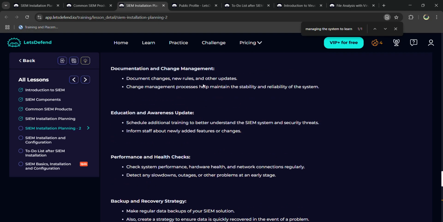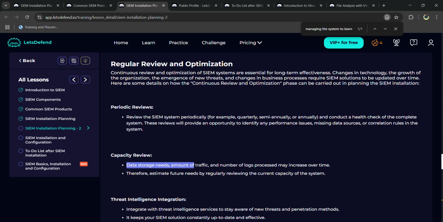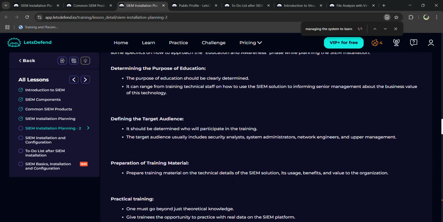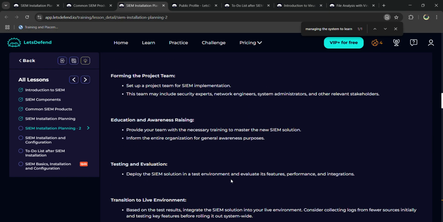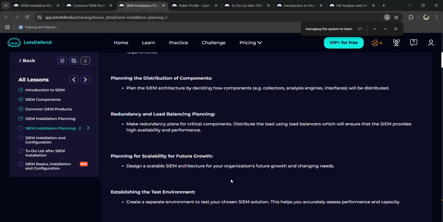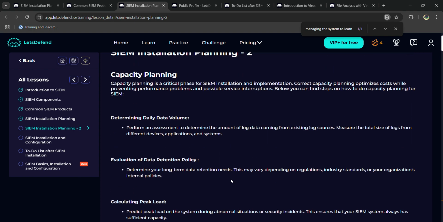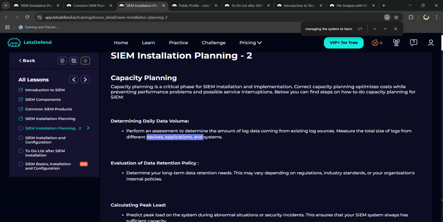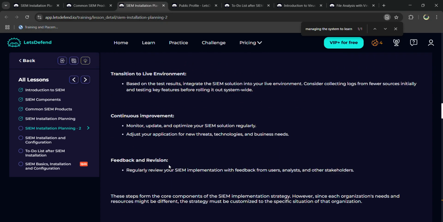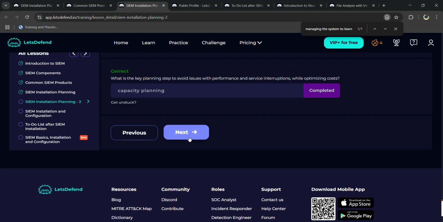Okay, so data volume. Capacity planning could be the answer. Yep.